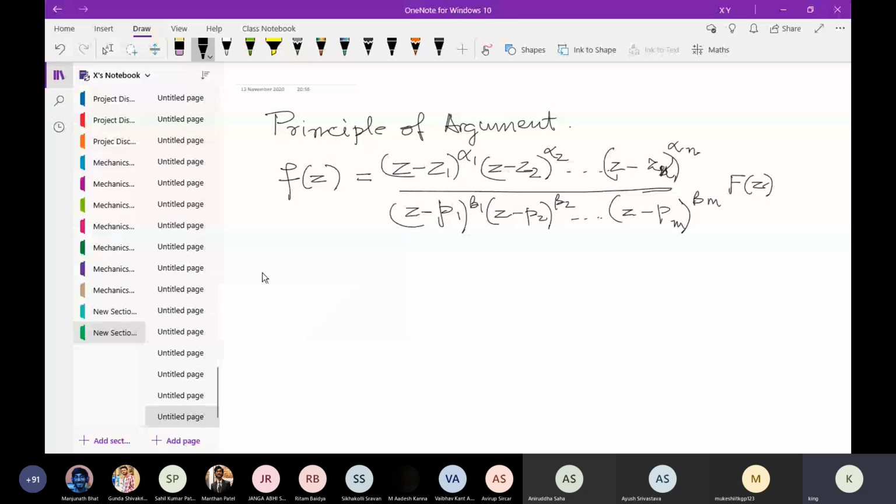So now if we take the log and take derivatives. Shouldn't that capital F be essentially a constant? Not necessarily. These are the poles and zeros of the function, and we'll assume that in our domain this F(z) does not have poles and zeros.